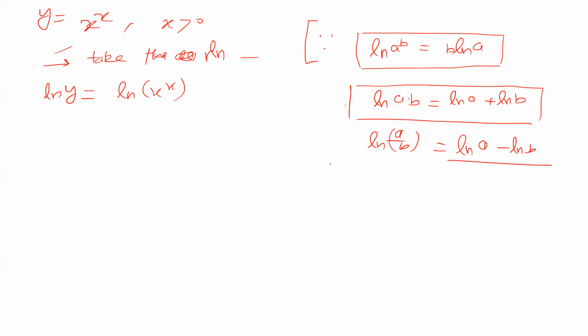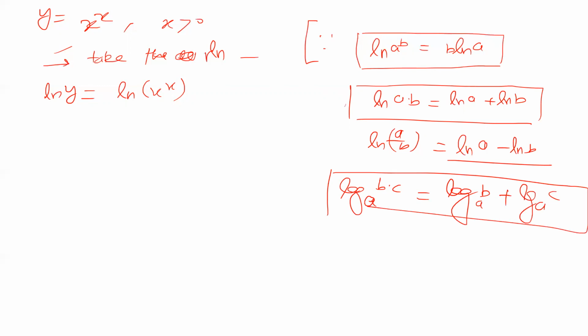We can also state this in a general base. Here specifically we are using base e. Like log of b into c to the base a is log b to the base a plus log c to the base a.